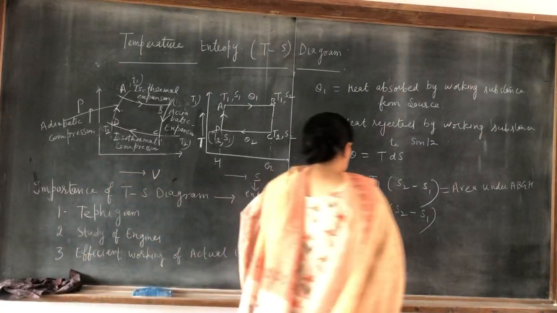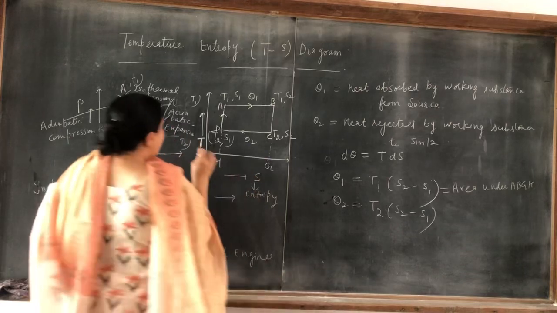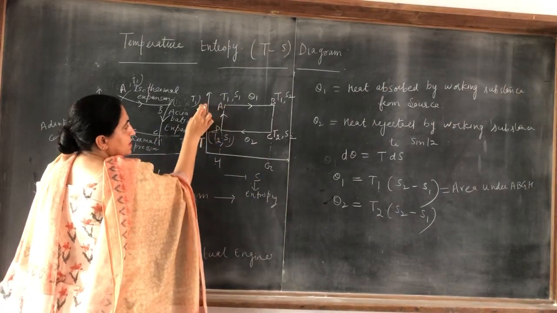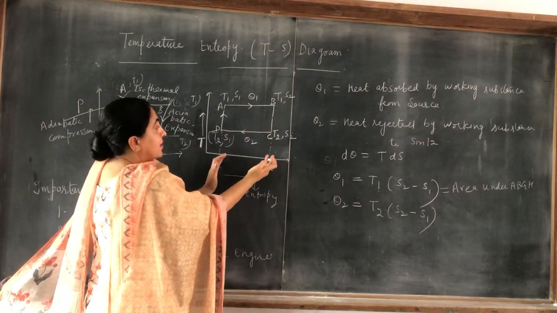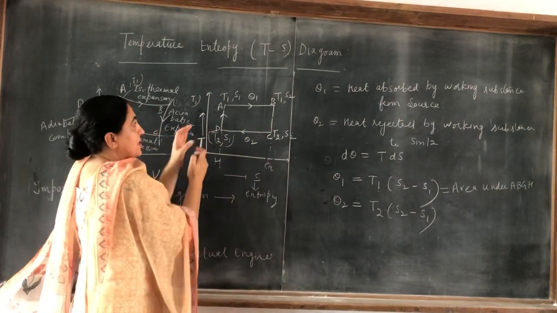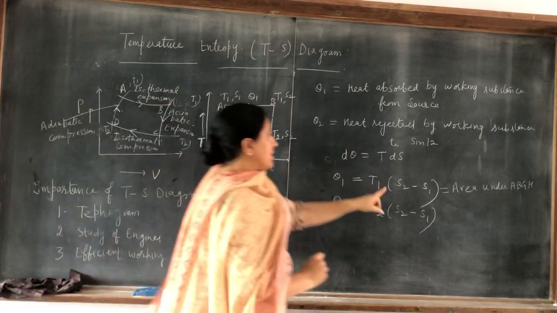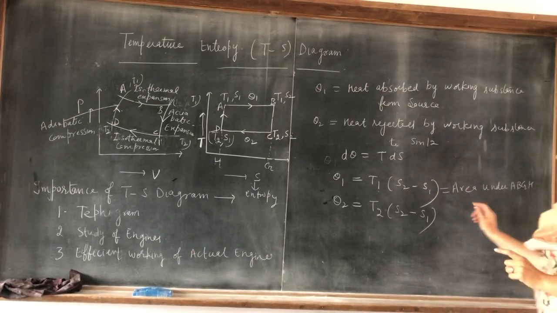So then again Q2, because this is a curve between S and T, so this temperature is T1 and this rectangle, so this width will be S2 minus S1, and temperature from this point to this point, that is T1. So you can say that T1 into S2 minus S1, that is the area under ABGH.